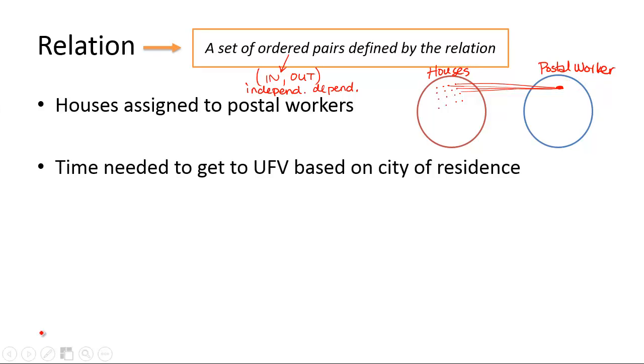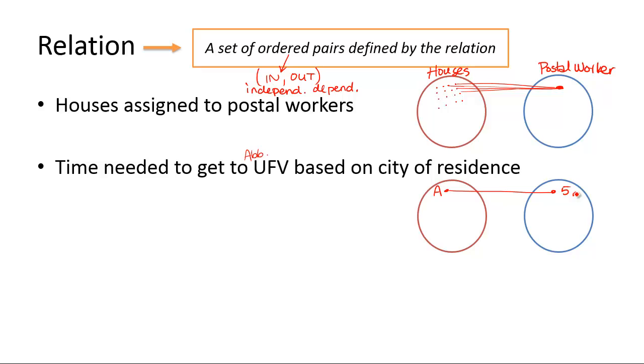Another example would be the time needed to get to UFV, to the Abbotsford campus, say, based on the city of residence. So say you had a class in Abbotsford and you lived in Abbotsford. Somebody could say, oh, hey, it takes me 5 minutes. Another Abbotsfordian could say it takes them 10 minutes.